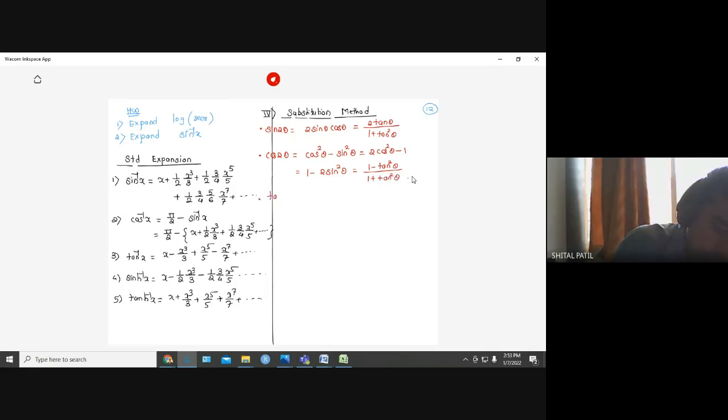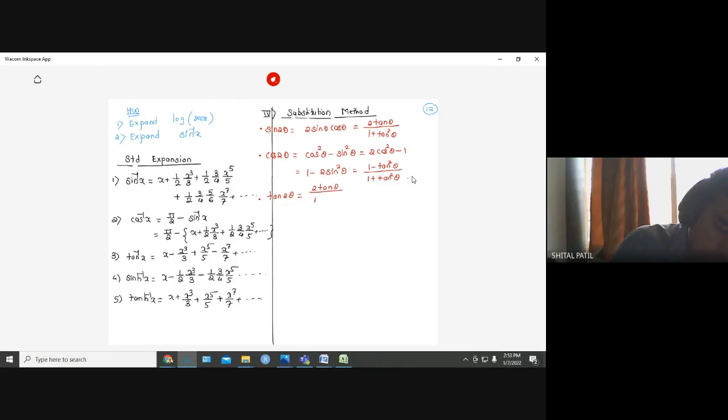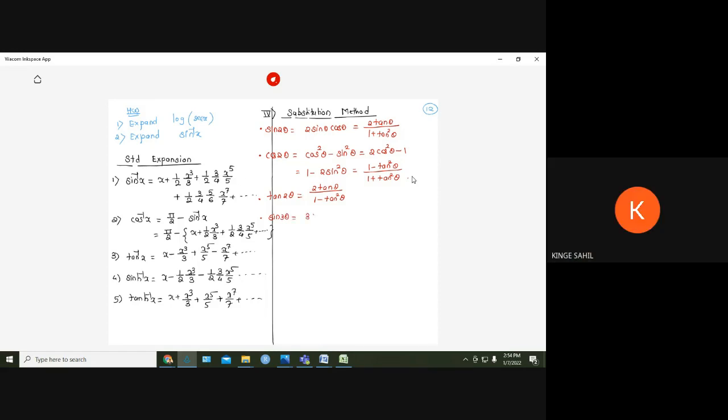Okay. Tan 2 theta is 2 tan theta upon 1 minus tan square theta. Sin 3 theta is 3 sin theta minus 4 sin cube theta.